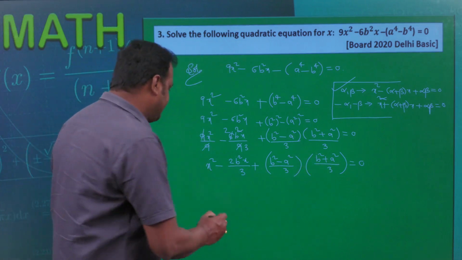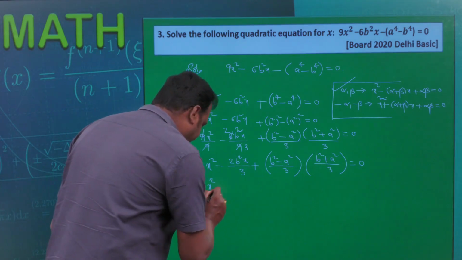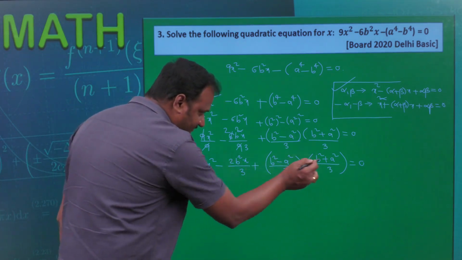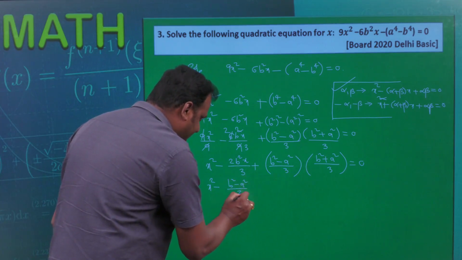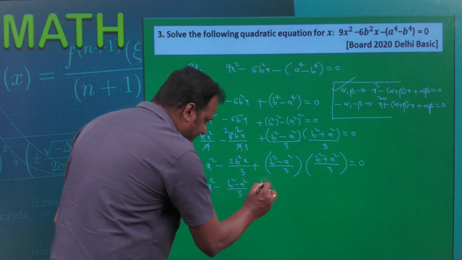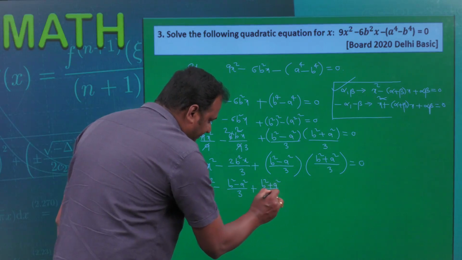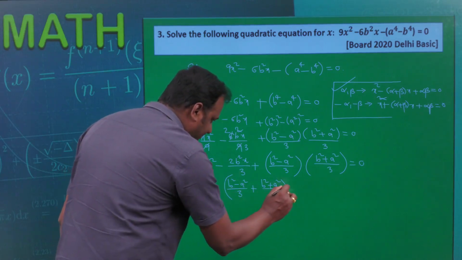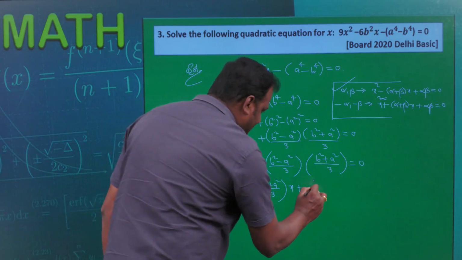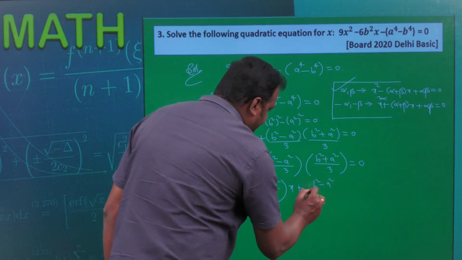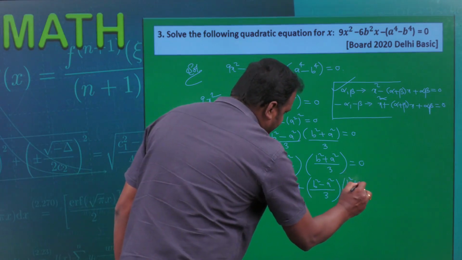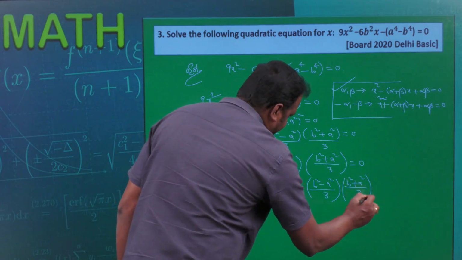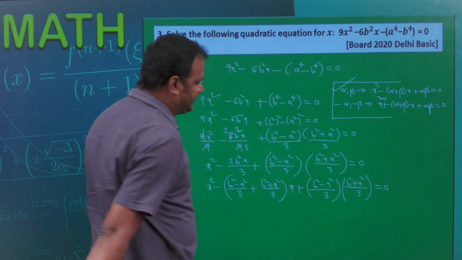So, happily we can write this as x square minus this one as the sum of these two, that is b square minus a square by 3 plus b square plus a square by 3 times x plus b square minus a square by 3 into b square plus a square divided by 3 is equal to 0. Now in which form is it?